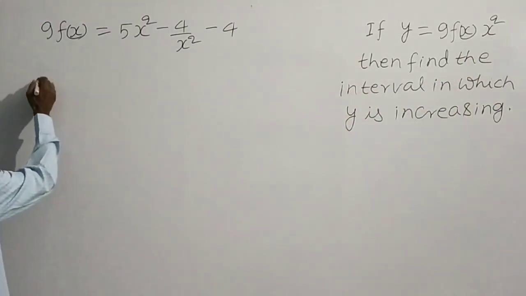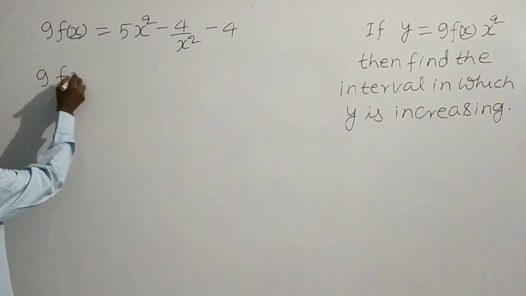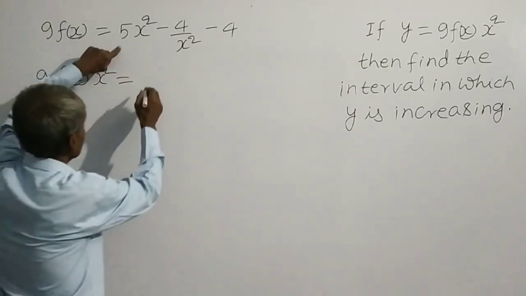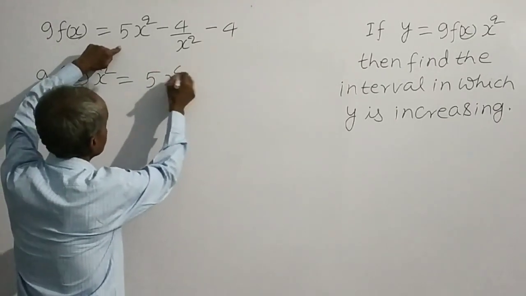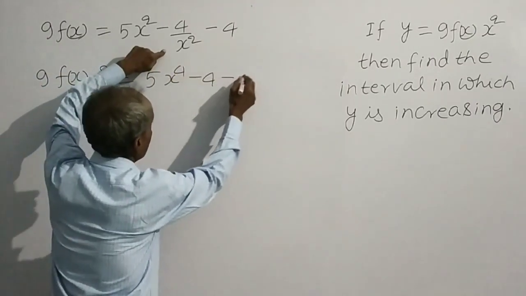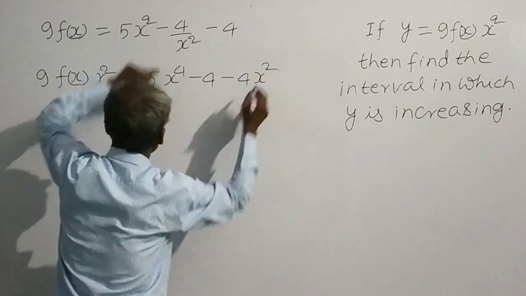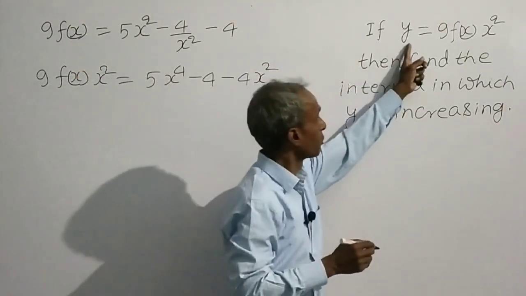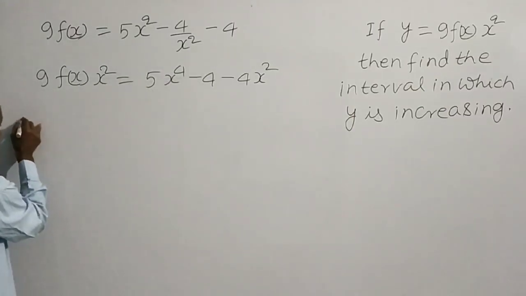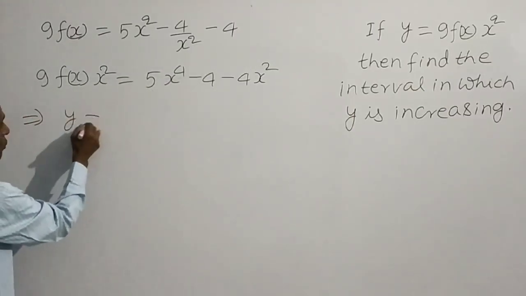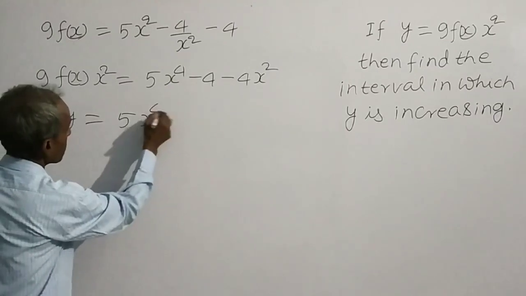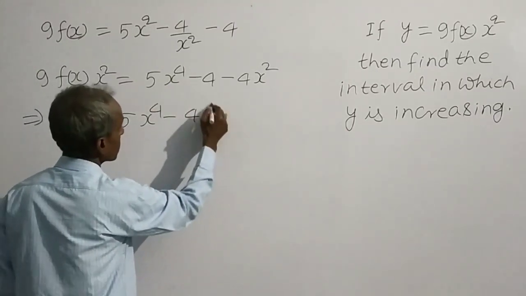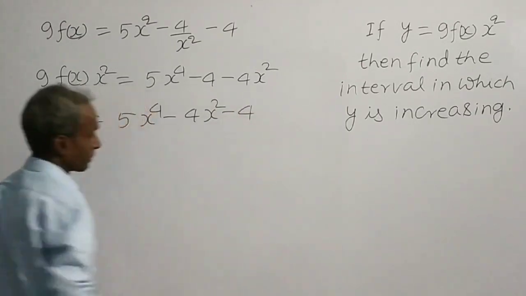Then we get 9f(x)x² equal to 5x⁴ minus 4 minus 4x². Since 9f(x)x² is y, y is equal to 5x⁴ minus 4x² minus 4.